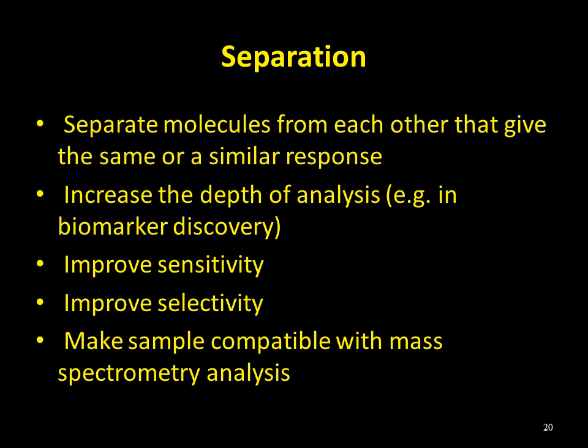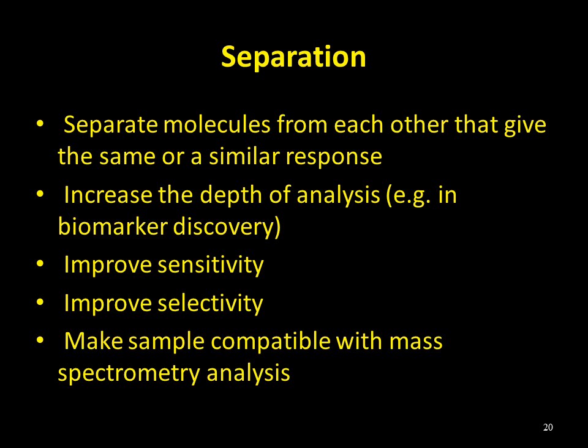Separation has the goal to increase the depth of analysis, especially in the biomarker discovery world, but also in clinical chemistry analysis, where often nanogram per milliliter or even picogram per milliliter sensitivities need to be reached. These sensitivities can only be reached after thorough separation of the molecules and high sensitivity detection.